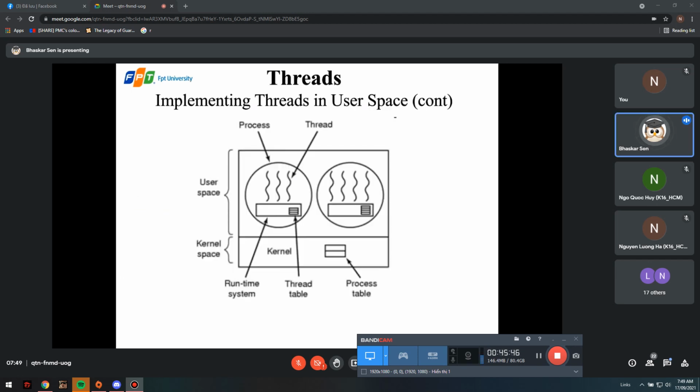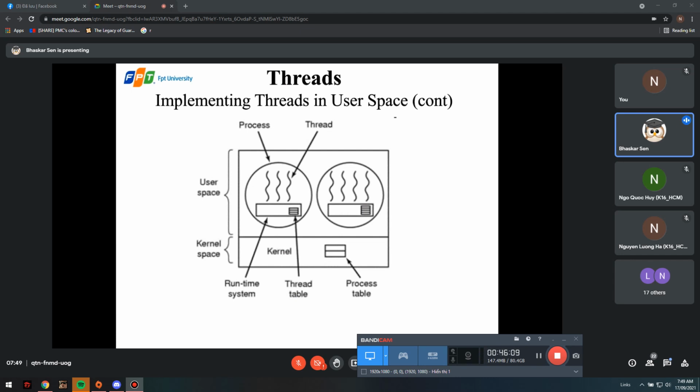As we'll see in the next picture, essentially, we have a process table and a thread table, but as you can see, the thread table is not shared with the kernel. The thread table is totally separate. Where is the thread table?